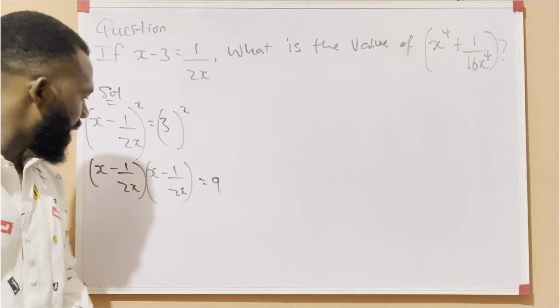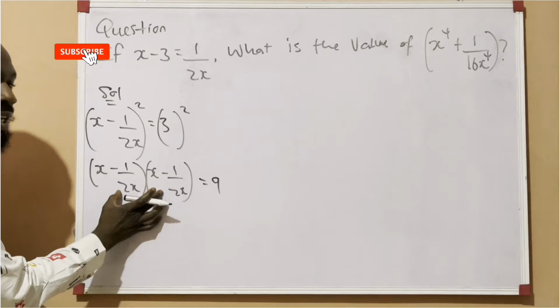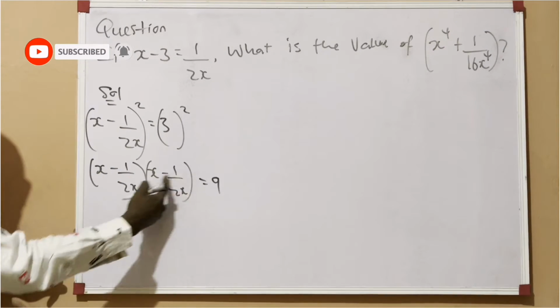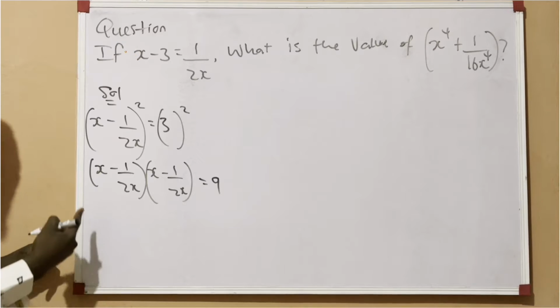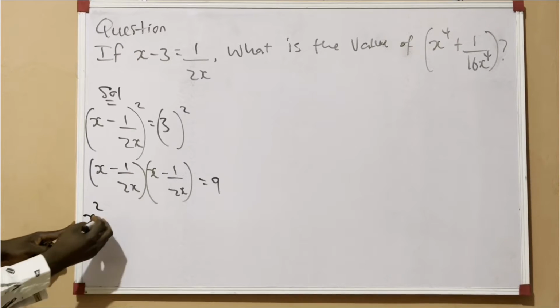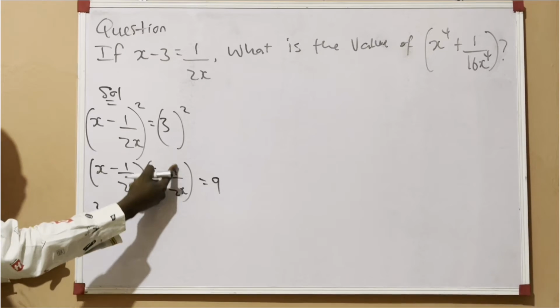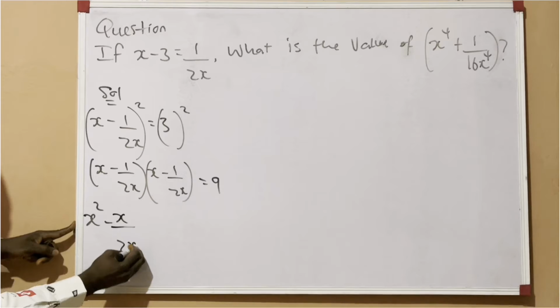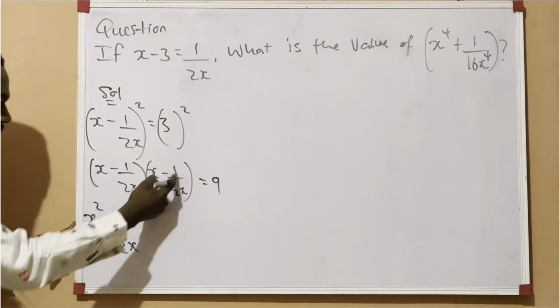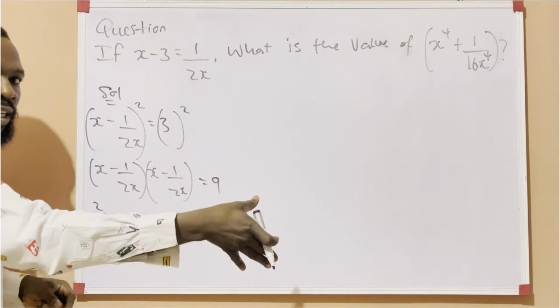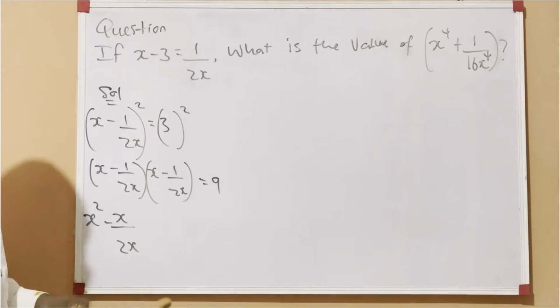Are you with me? Now, let us proceed. Opening the brackets, we are going to be having something like this. X multiplies everything in the second bracket. Now, x times x gives us x squared, okay? Minus x times 1 over 2x gives us x over 2x. Are you with me? Because x times 1 is x. Now, x has multiplied everything in the second bracket. Now, what is going to multiply next?